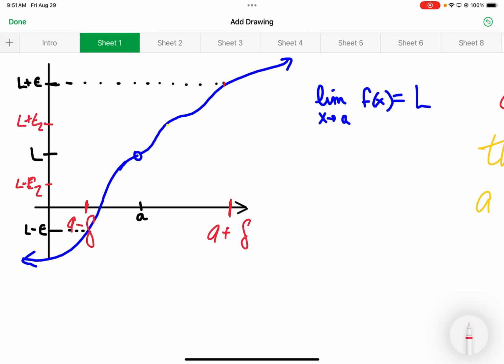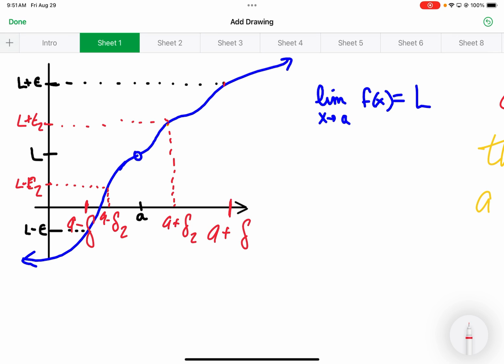Then my range of y values has gotten smaller, so I should be able to correlate that to an interval of x values which is also smaller. I should be able to pick a smaller delta, so let's say a plus delta sub 2 and a minus delta sub 2, such that those values are smaller as well.